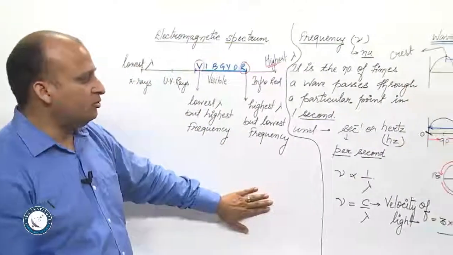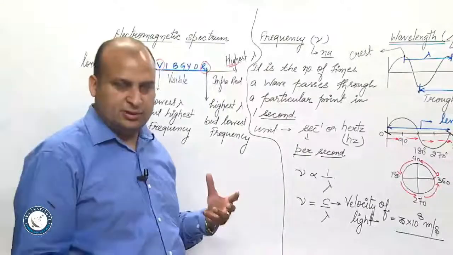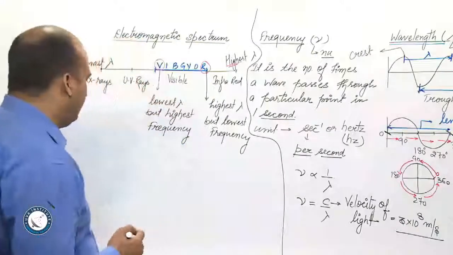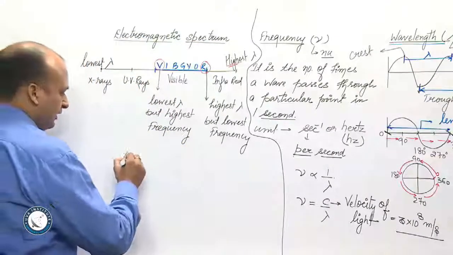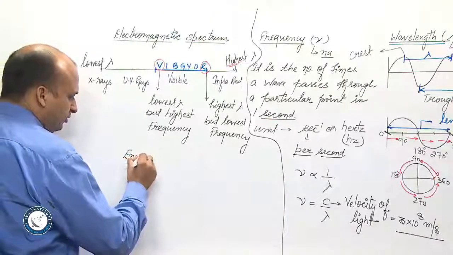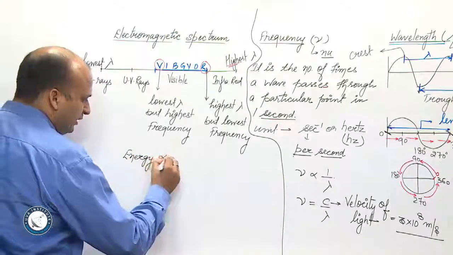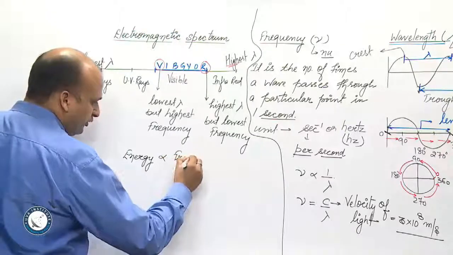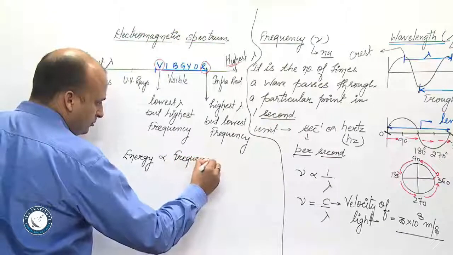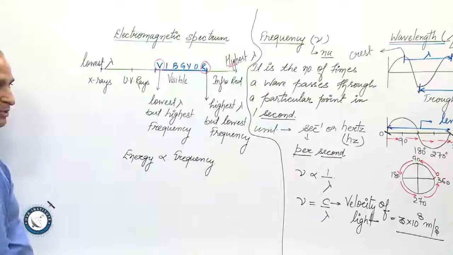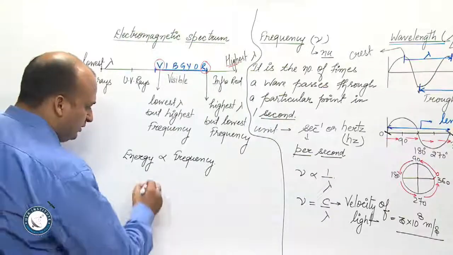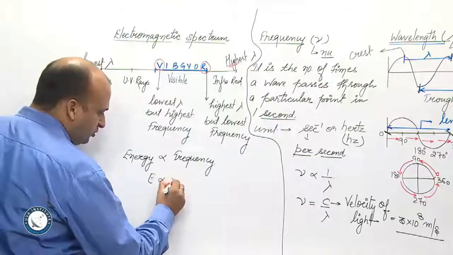When you talk about the energy that the light is having, we say that energy of light or EM wave is directly proportional to its frequency. That is, E is proportional to nu.